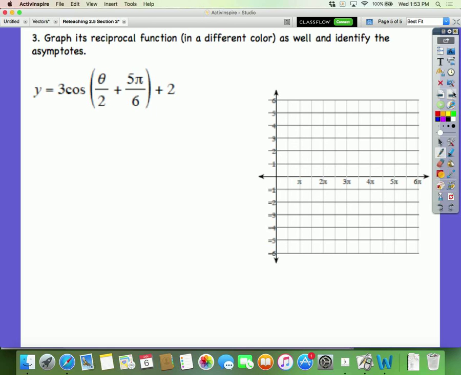What's the amplitude? 3. What's the period? You have to do period equals 2 pi over b. That's how you find the period. What's the b in this problem? 1 over 2.